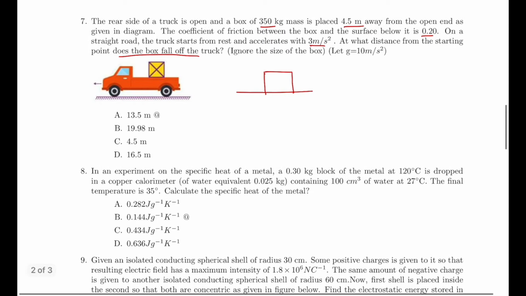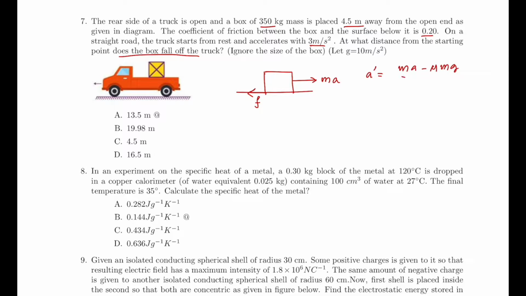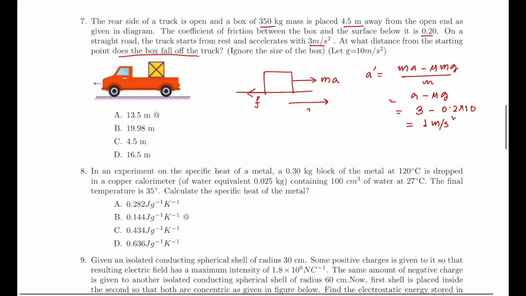There is a fictitious force MA and there is a frictional force F. So the net acceleration in your coordinate system is MA minus mu mg divided by m, which is A minus mu g, and A is 3, mu is 0.2 into 10, that means 1 meter per second square. So the box will be accelerating in this direction with acceleration 1 meter per second square in your reference frame.